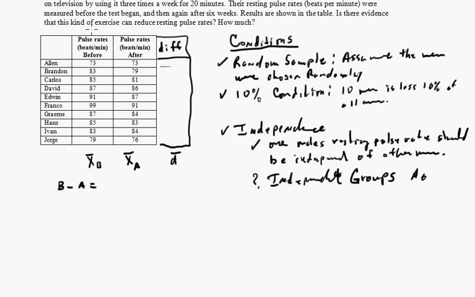All right, so the quick way to do that is to put the data in L1 and L2 and then say L3 on your calculator is equal to L1 minus L2. All right, so I'll come back to that.